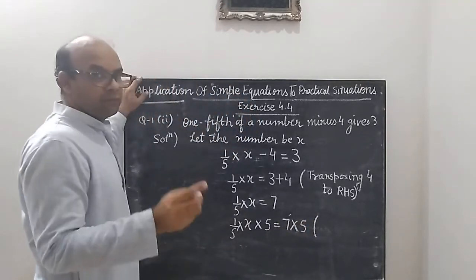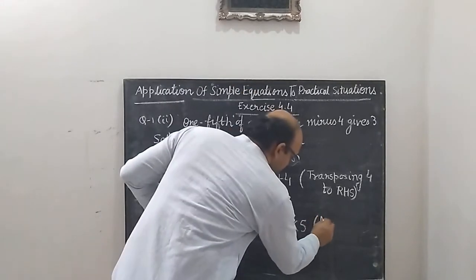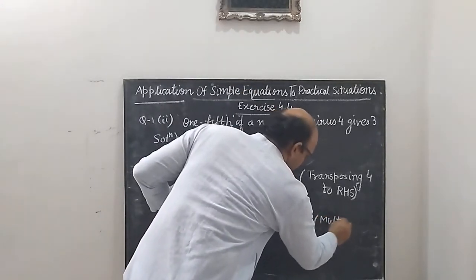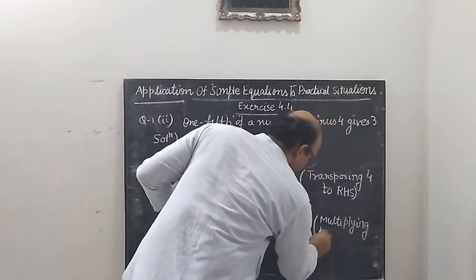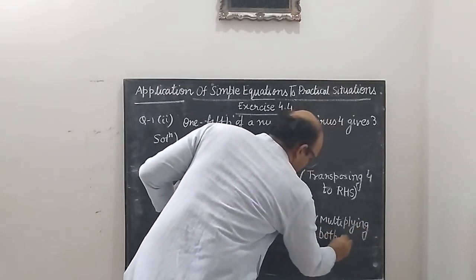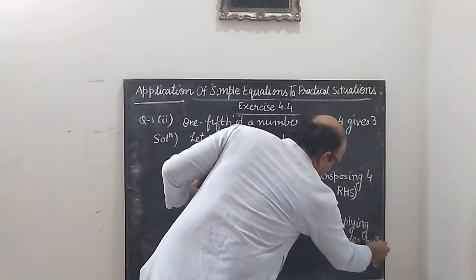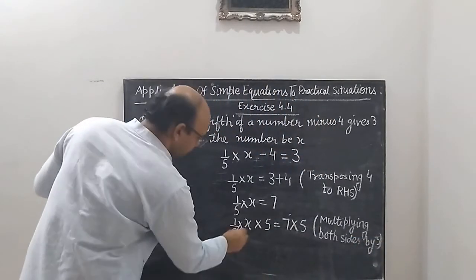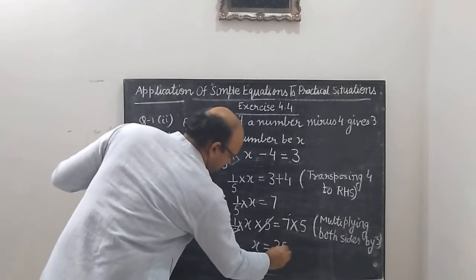We write multiplying both sides by 5. 5 cancels out, we have x is equal to 35.